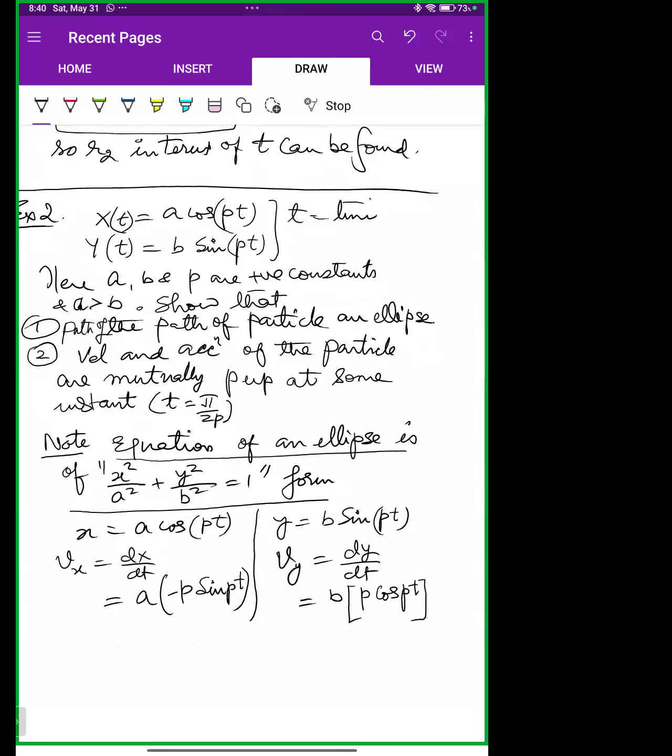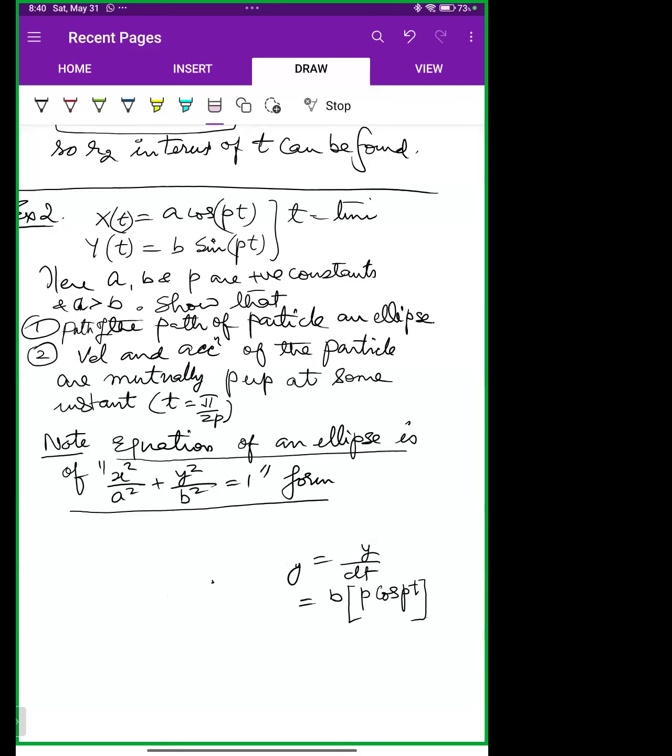I had to do the first part first. Cos pt is equal to x upon a and sin pt is equal to y upon b. Is that okay?